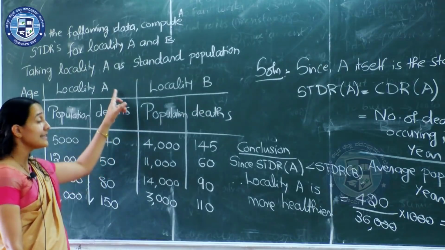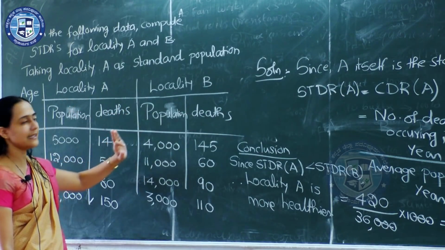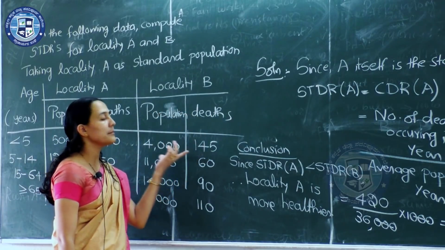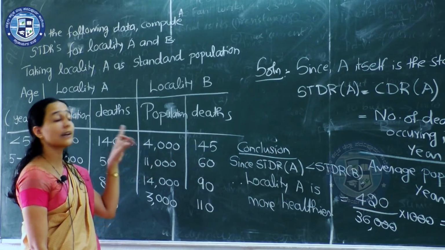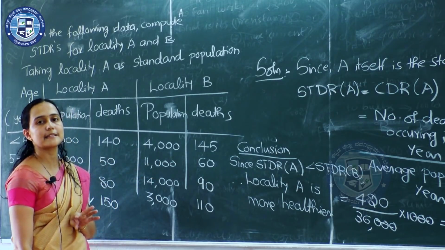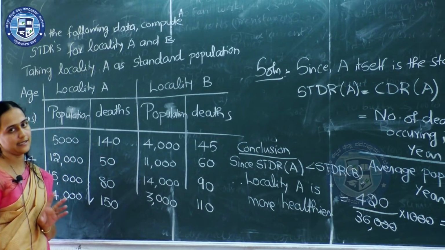See, suppose in the same question it is given that taking B as standard population, then no need to compute ASDR for locality B. Locality B's STDR is same as CDR. Here it is given that locality A is the standard population.